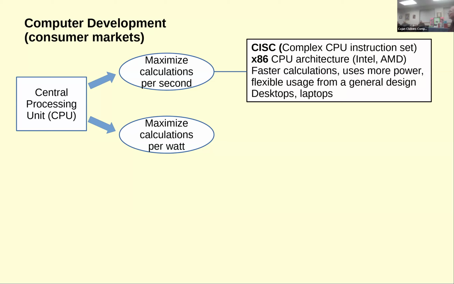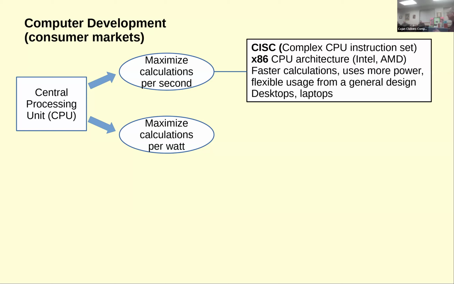And it was also faster because the CPU didn't have to go out to memory as many times. And the famous instruction set that won out was the x86 from Intel. It was the 8086, and then they had the 8286 and the 8386. And so we all call them x86.